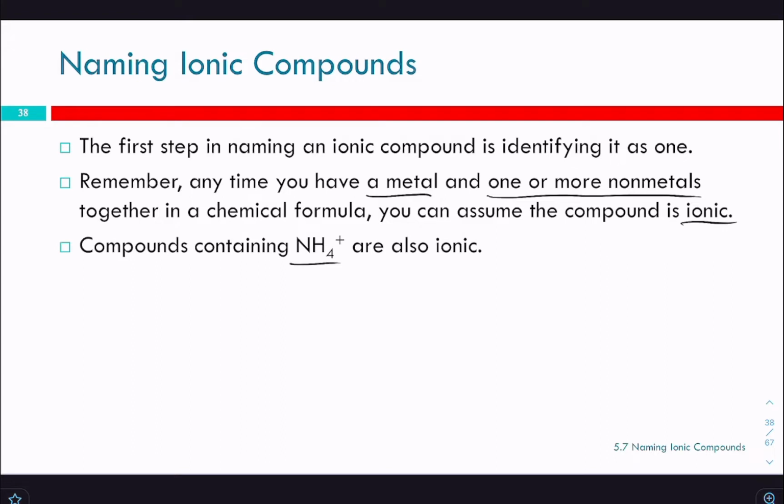Can you repeat that, please? So if it has a metal and one or more nonmetals, it's ionic. And if it's ammonium, so this NH4 plus, and one or more nonmetals, then it's also ionic.